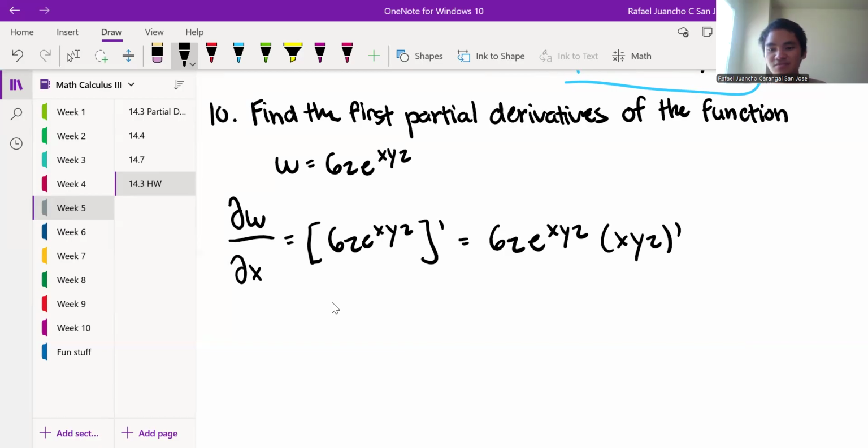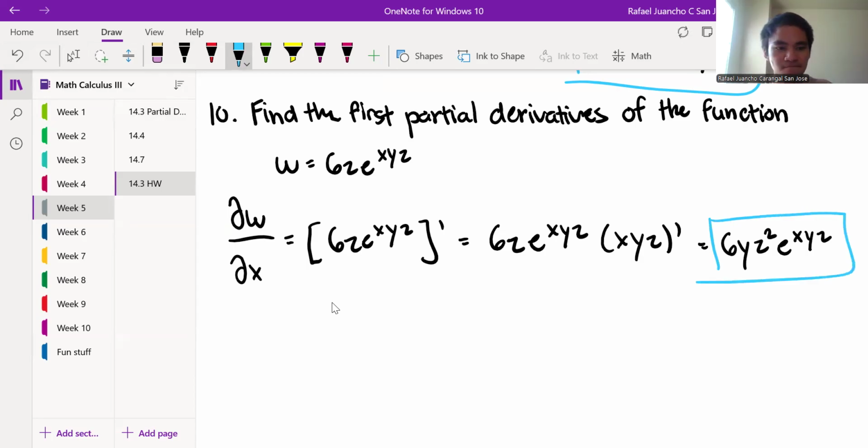So that's going to be, here I treat x as a variable, so I'm left with 1. So I'm left with yz. So actually, that's fine. So our answer is just this, 6yz squared e to the xyz, because I multiplied both z's, and that's it.